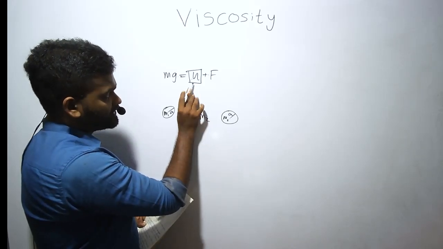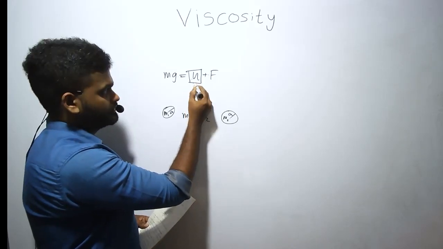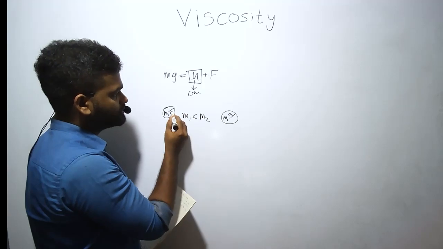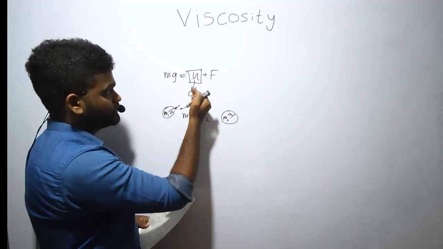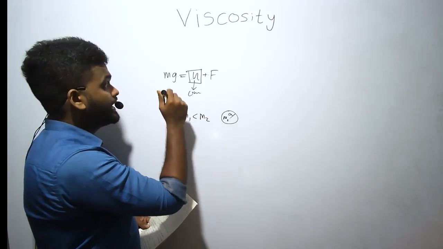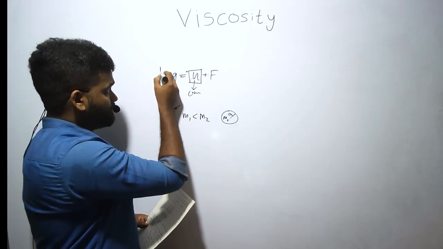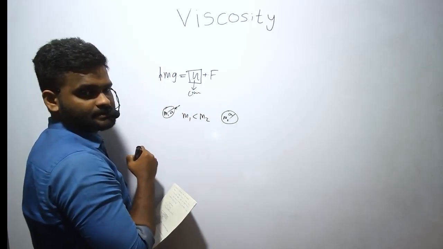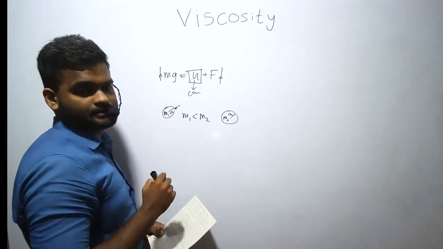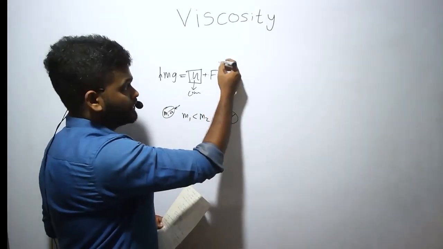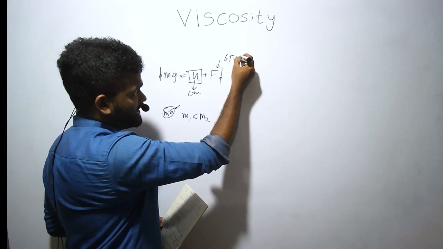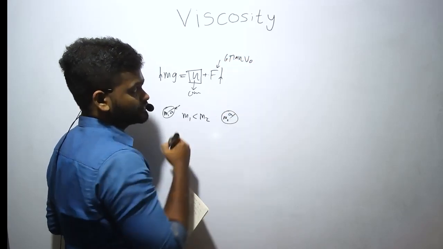We know that upthrust is constant. It doesn't change because volume does not change. Volume is the same for both, so upthrust is the same for both. Then if mass increases, what happens? Force increases. Force means viscous force, 6 pi a eta v naught.